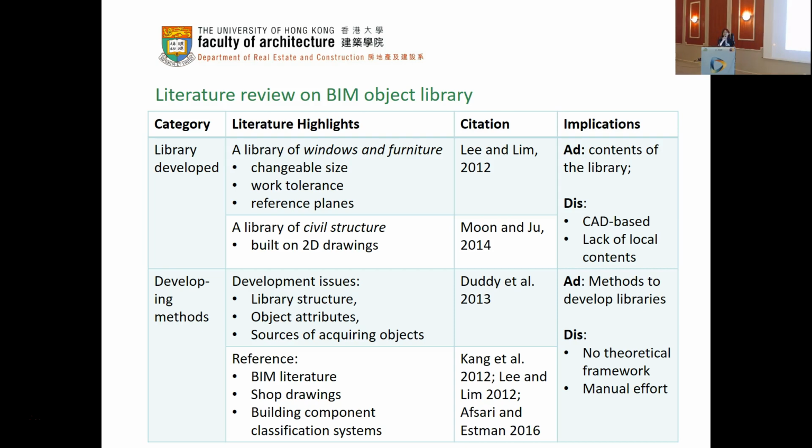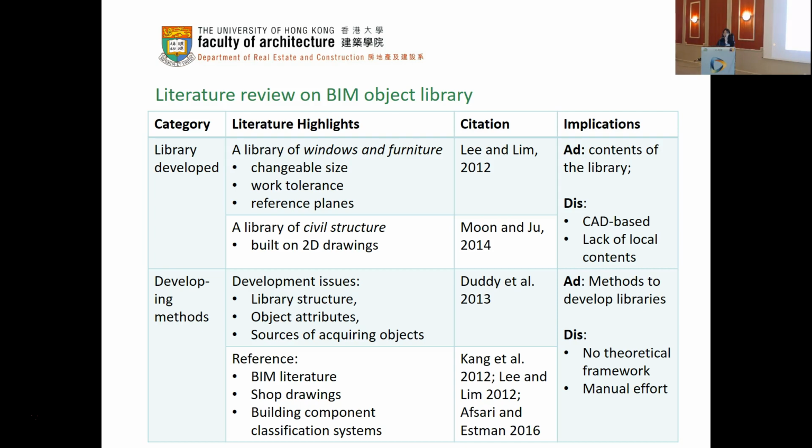Some research efforts have developed libraries such as a library of windows and furniture with changeable size, work tolerance, reference planes, etc., and a library of civil structure built onto the joints. However, even though these efforts define some contents of objects included in the library, they are based on a CAD platform rather than a BIM platform, and they lack sufficient information on local contents.